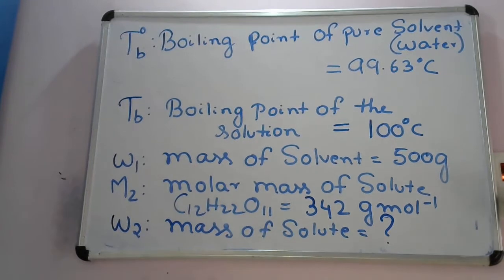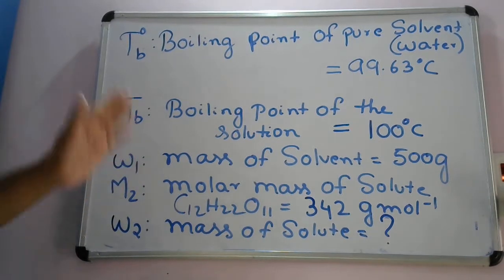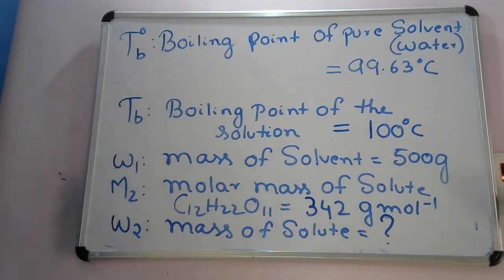So first you should complete writing this, then we will go for solving the question. We have written what is known to us and what is unknown to us. Then we will try to solve.